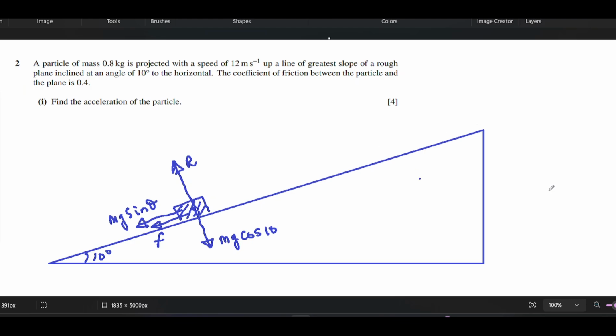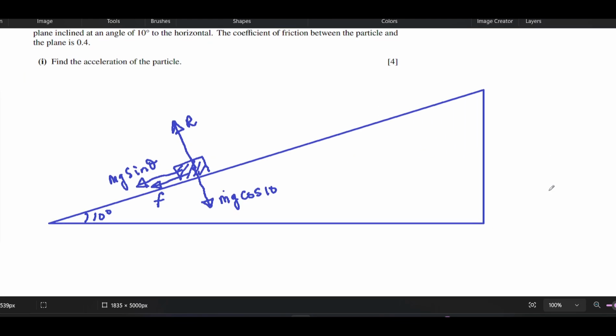Now, a few things that we need to know since we have the diagram. We know that the particle is not going into the plane and it's not jumping off the plane. So that means that the reaction force must be equal to mg cosine 10.